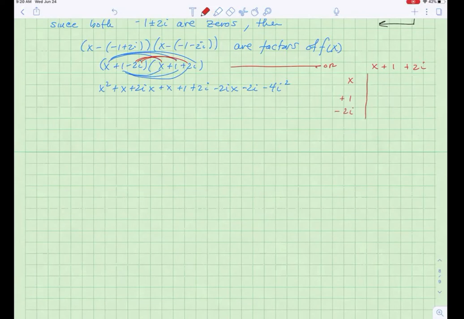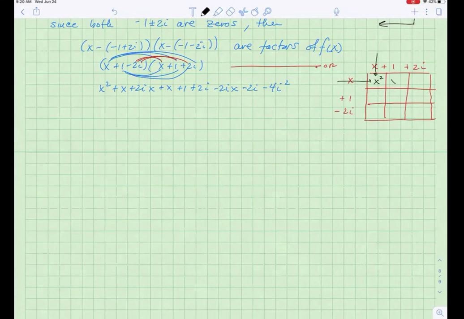You make a little grid here, tic-tac-toe style, with one square for each term horizontally and vertically. Then you fill it out where each position is the product of the row and column that it's in. The first one is x times x.